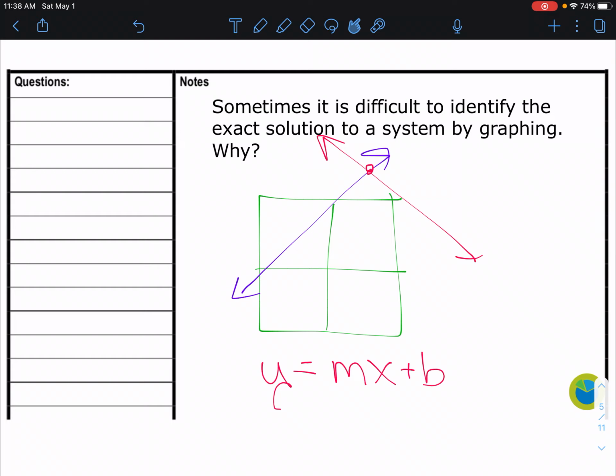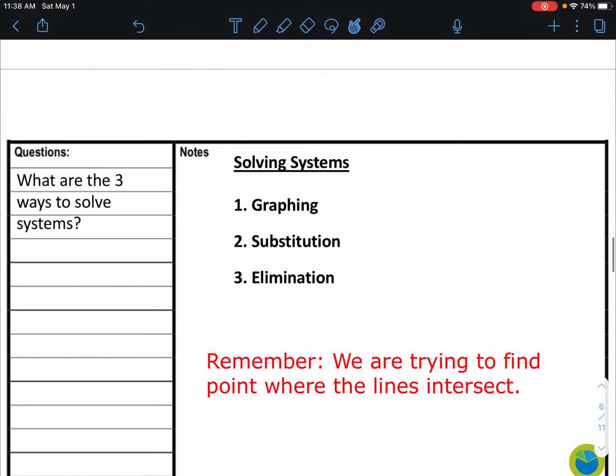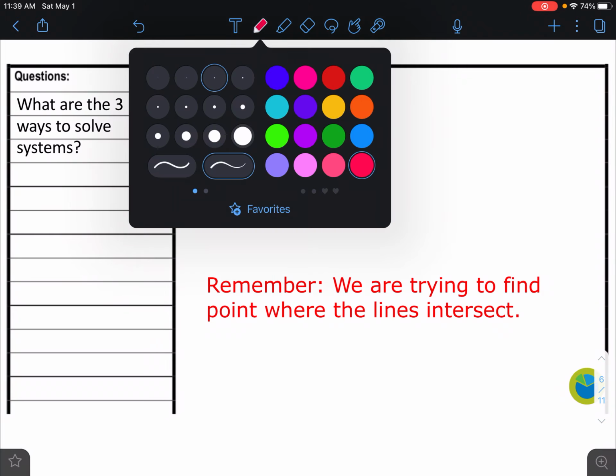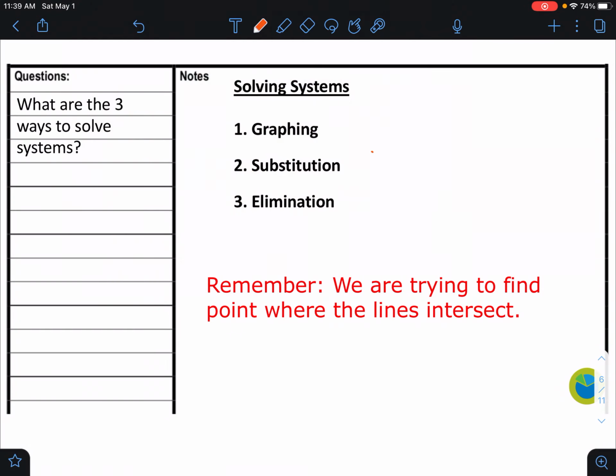Also, with graphing, we've been getting pretty nice numbers. That doesn't always happen either. As a matter of fact, usually we don't get nice numbers, and this is where algebra can come in handy. So these last two methods that we're going to talk about, well, one of them today at least, substitution, and we'll also use elimination next.